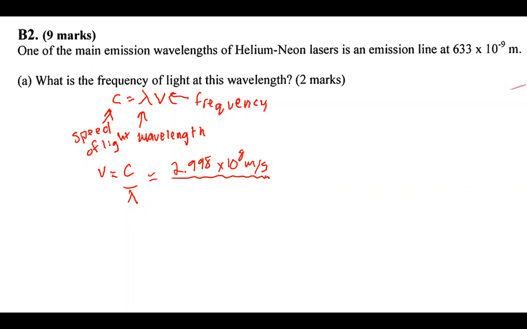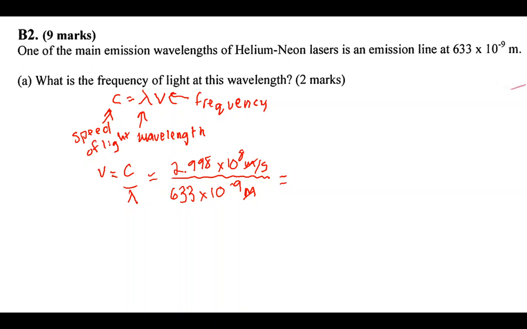And I believe you should be given that, but it should be easy enough to look up for your exam. And then the lambda is given in the question, which would be 633 times 10 to the negative 9th meters. So then our meters will cancel and we'll be left with inverse seconds, which is the units of frequency.